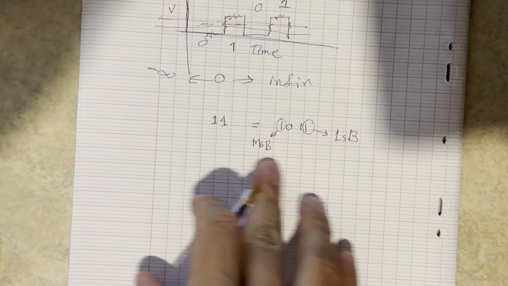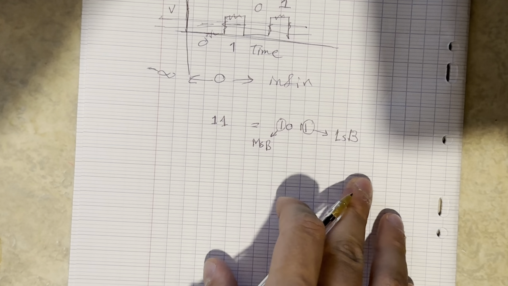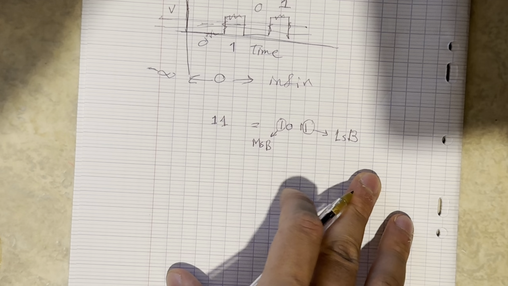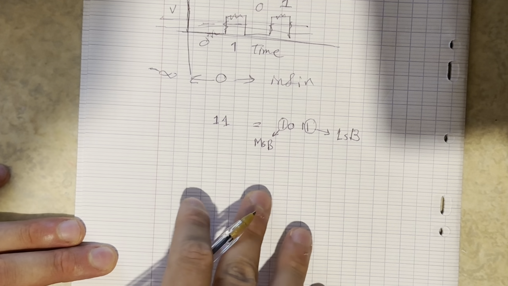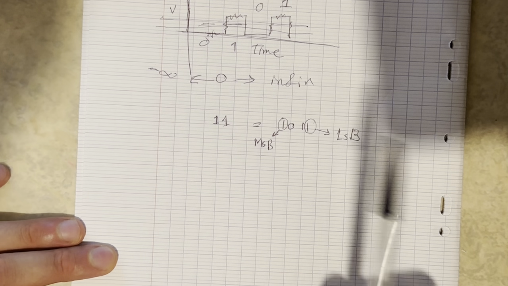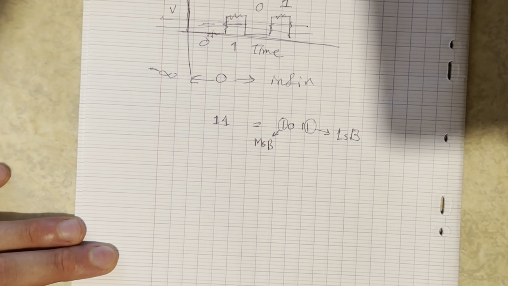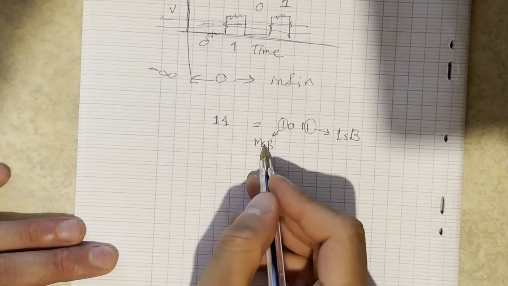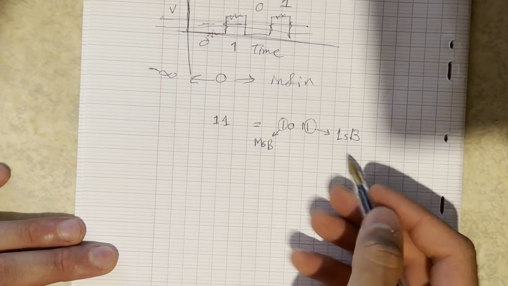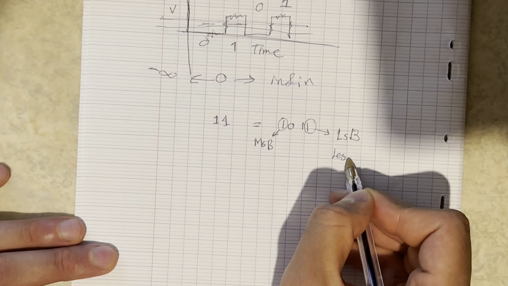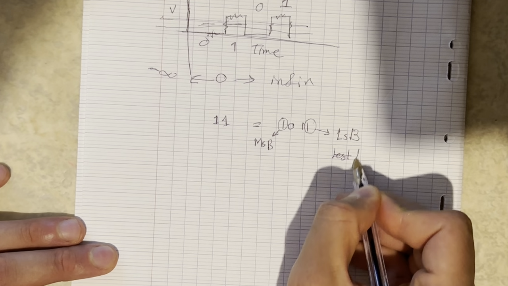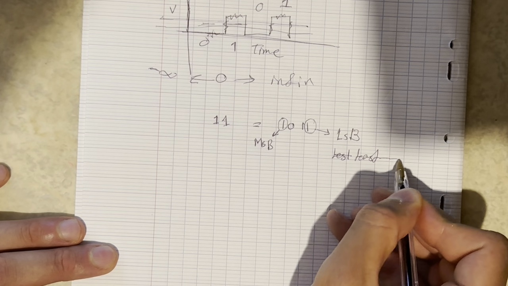This lesson starts from absolute zero, the base of Boolean algebra. So MSB is the most significant bit, and LSB is the least significant bit.